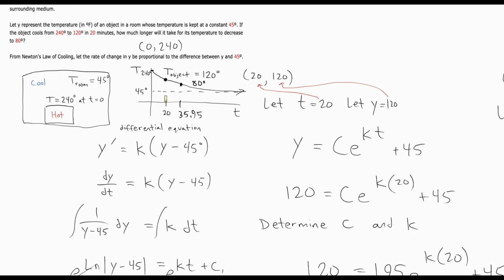So they're really just talking about this interval here. So we have to do a little subtraction to get the actual difference in time. It's going to be 35.95 minus 20, 15.95.